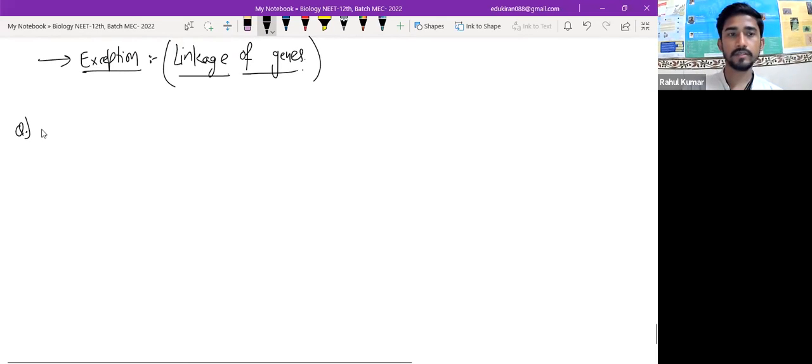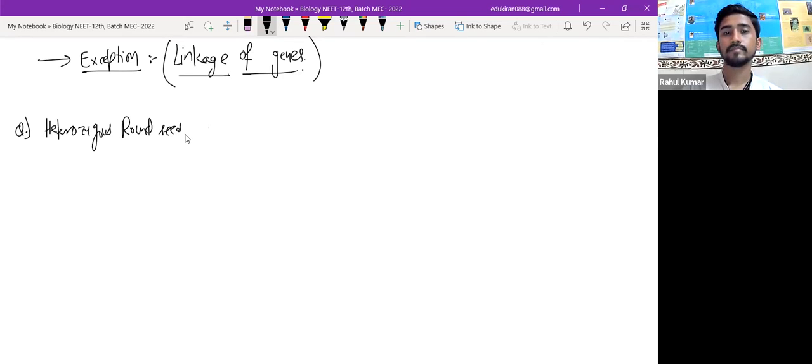A heterozygous round seeded plant. Let's not write seeded, just write a heterozygous round and homozygous tall.